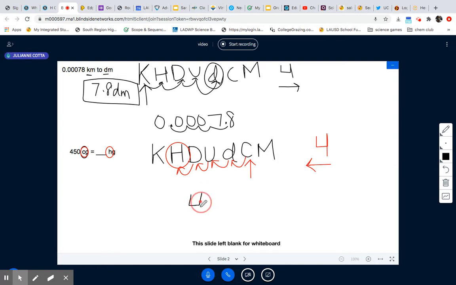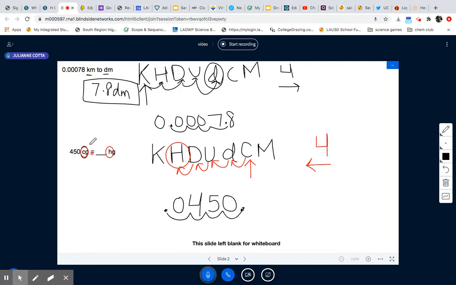Okay, so let me write my number again. And I have the number 450. There is no decimal here, so if there's no decimal, where do we want to put it? We want to put it in the rear. Put it at the very back. And now remember, we want to move 4 spaces to the left. So move 4 spaces, 1, 2, 3, 4, make a new decimal. And now where that empty space is, where there's no number there, I want to put a 0.